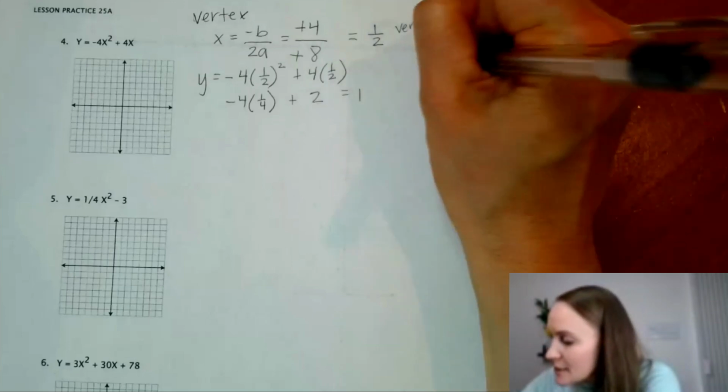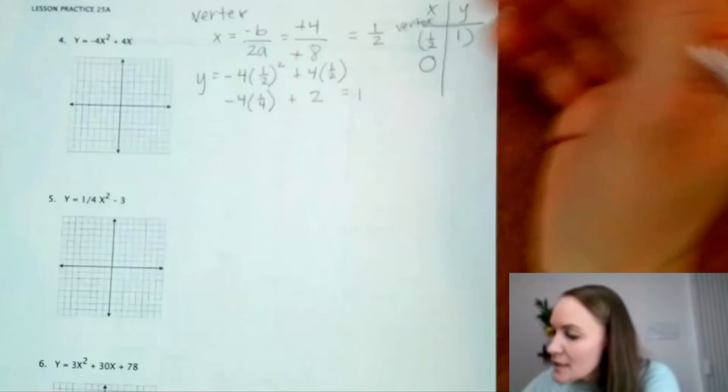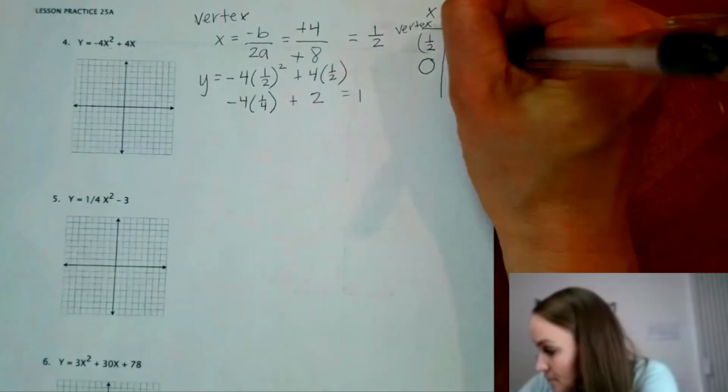Okay, let's get a nice easy point. That's 0. 0 plugged in. 0 here plus 0 is 0 for y.